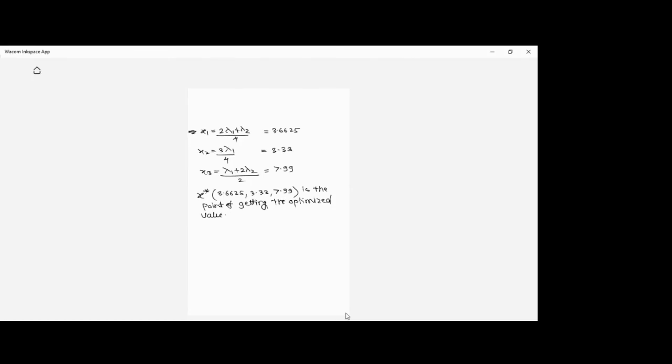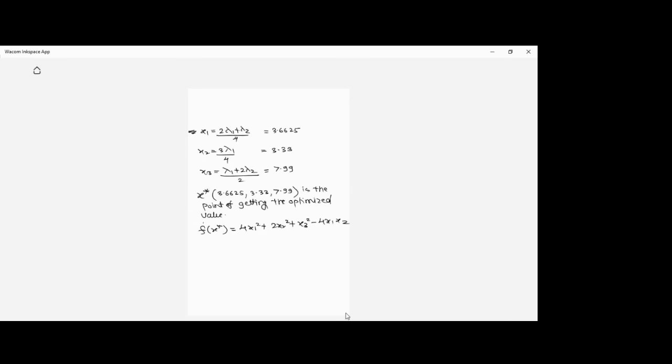Right? You can even find out what the optimized value is, that is f of x star, that you can directly find out, right? So here f of x star is equal to the objective function, 4x1 square plus 2x2 square plus x3 square minus 4x1 x2, right?